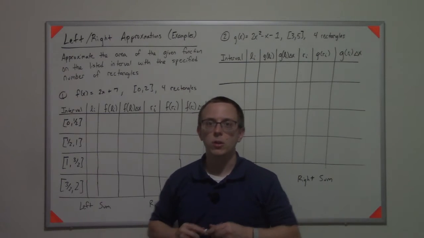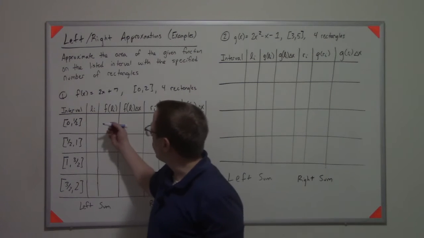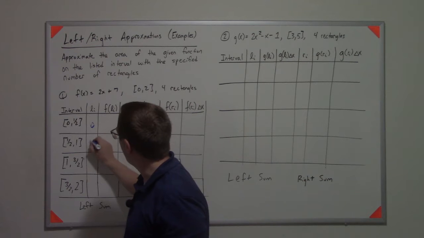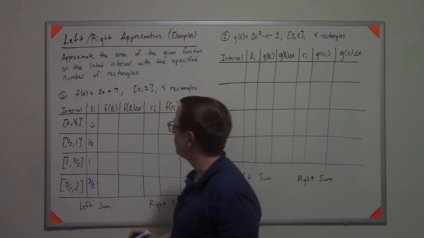Now in this particular case, we're going to use the left endpoint. So we're always going to do 0, 1/2, 1, 3/2.